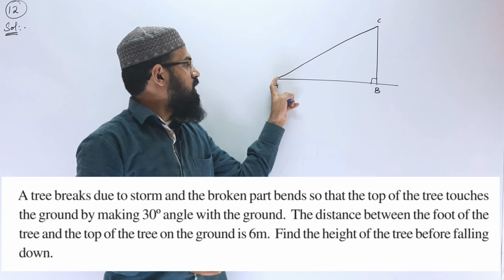So when we add this distance from A to C and the distance B to C, we will get the height of the tree. So let us start. Let us write what is given.